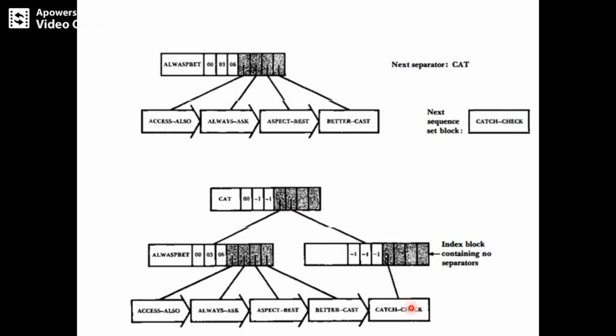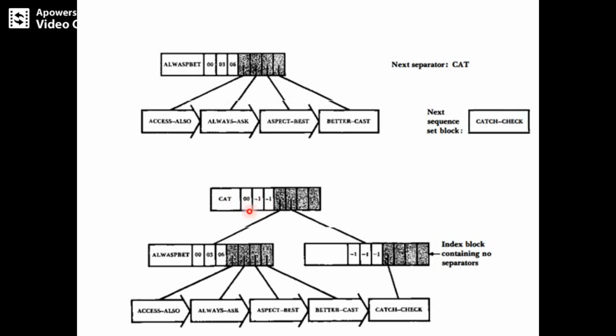So that is why I will connect it to a blank node. I am not going to specify anything over here. I will write a blank node with -1 as the indicators. Okay, an index block containing no separators. Then where I need to include the separator, I will include it over here, CAT, with the index 0.